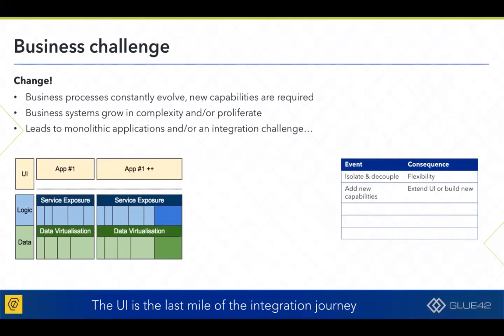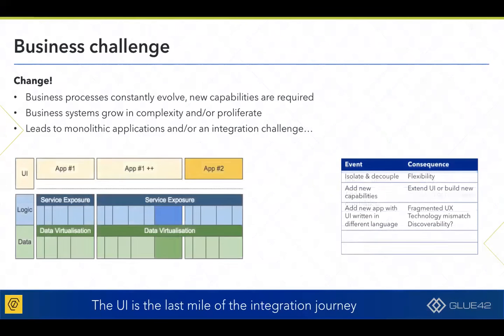You can either extend the user interface to embrace this new capability, or you could potentially rebuild the entire user interface so that it all looks homogeneous. The choice is yours, but the risk is that you'll end up extending your application to the point where it becomes a monolithic application that is inflexible to change.